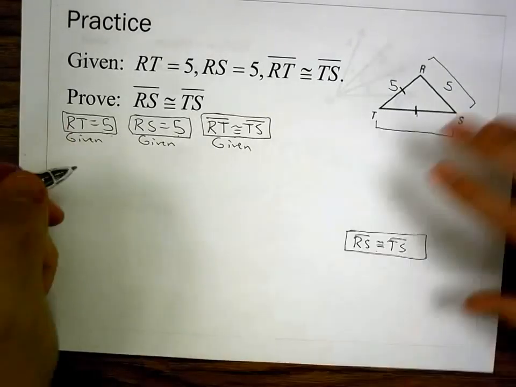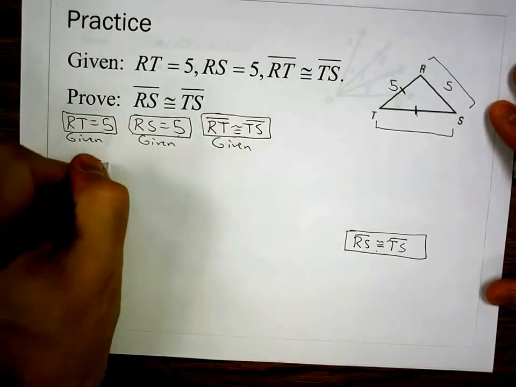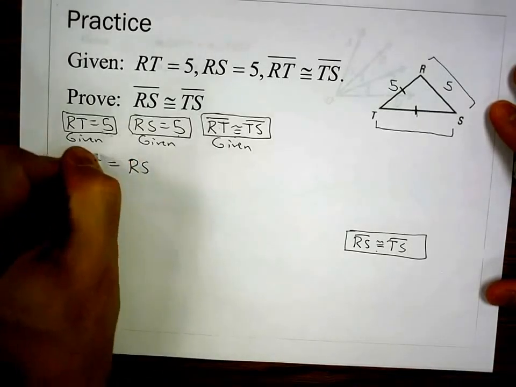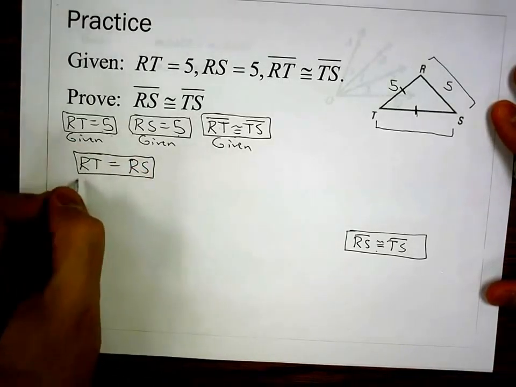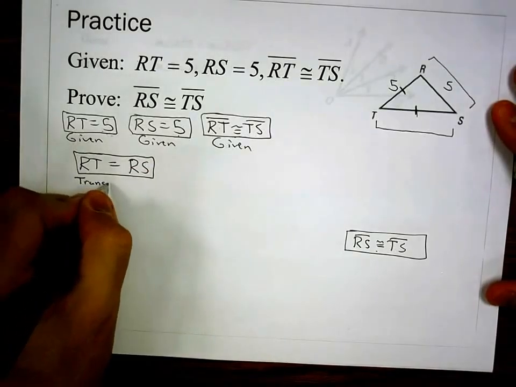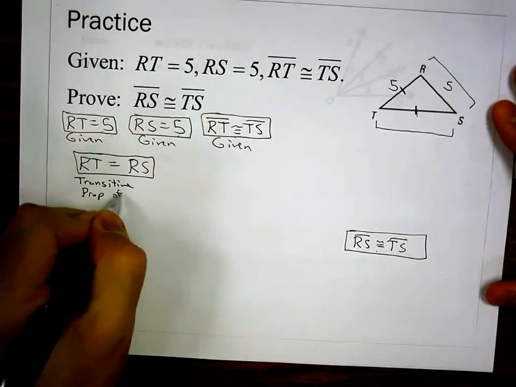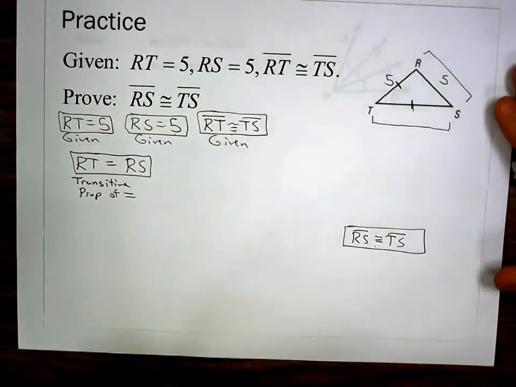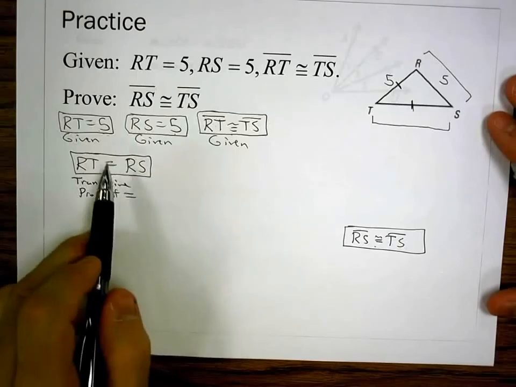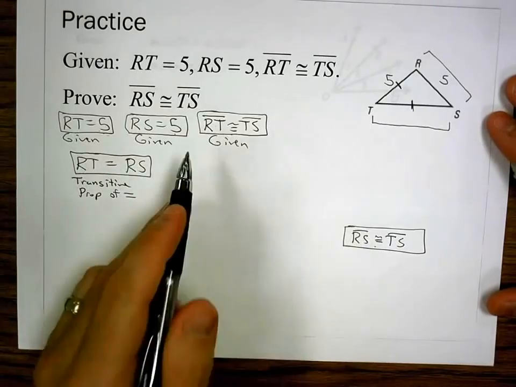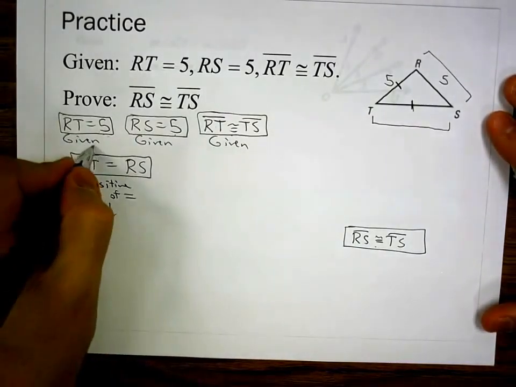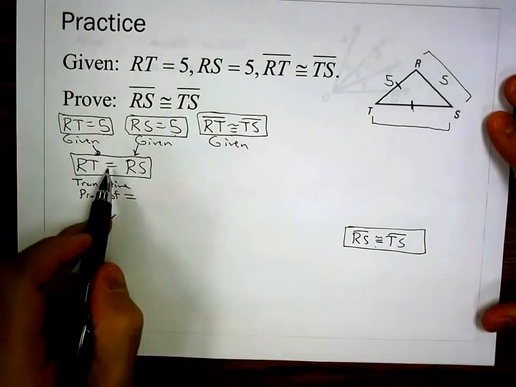Well, if they're both equal to 5, I know that RT equals RS. If they're both equal to 5, they're equal to each other. And that is transitive property of equality. Okay, so now I have two terms. I said I wanted congruence. I could change those. Let me draw my arrows here. Both of those led to that step.